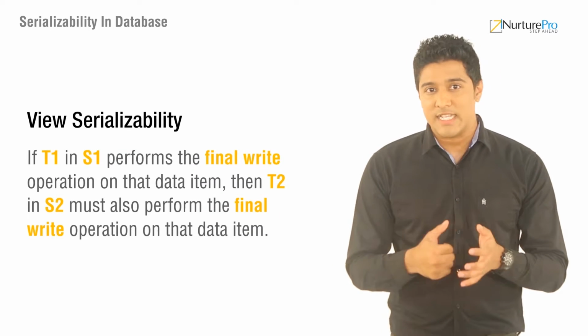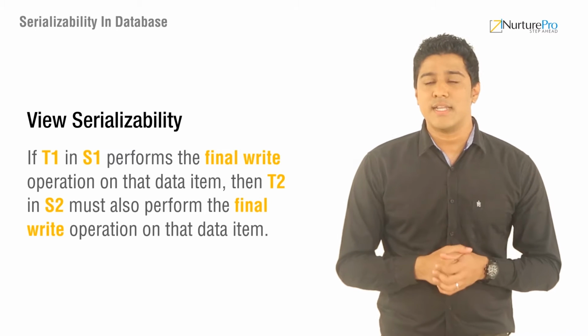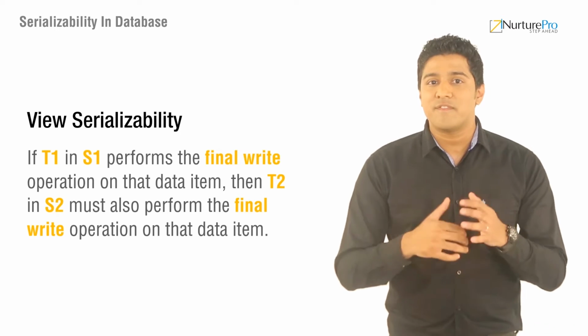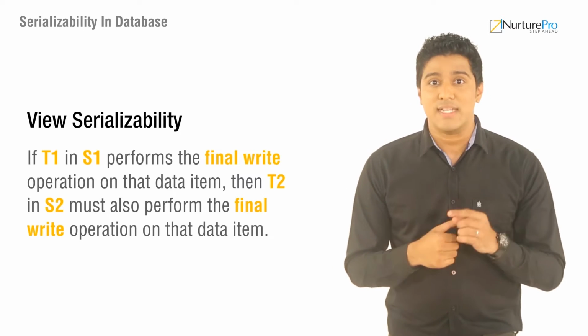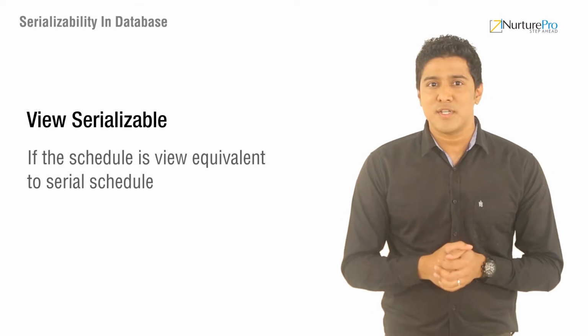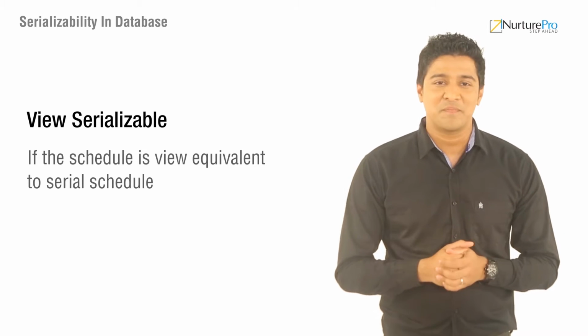If T1 in S1 performs the final write operation on that data item, then T1 in S2 must also perform the final write operation on that data item. So, if the schedule is view equivalent to a serial schedule, then the schedule is view serializable.